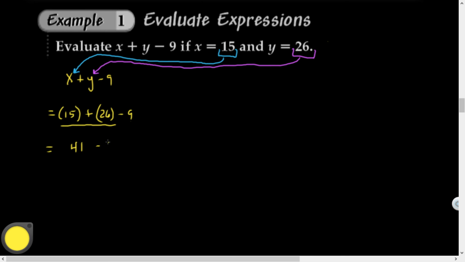And now I can do the subtraction. 41 minus 9, 42 minus 10 is 32, the way that I would have decomposed those numbers. So what I've done is evaluate this algebraic expression when I had very particular values for x and y.